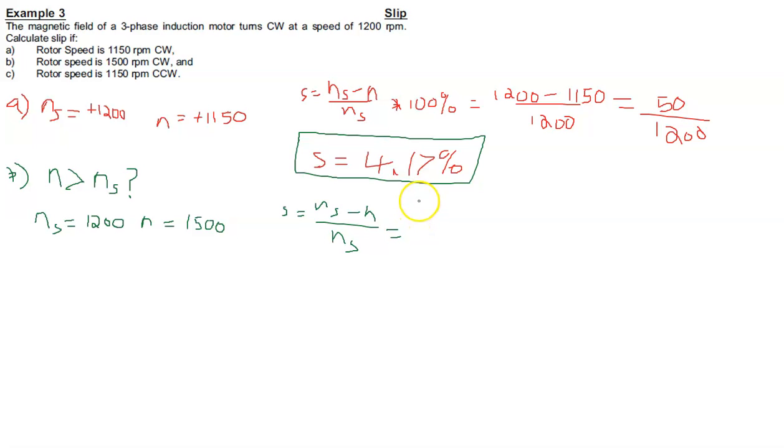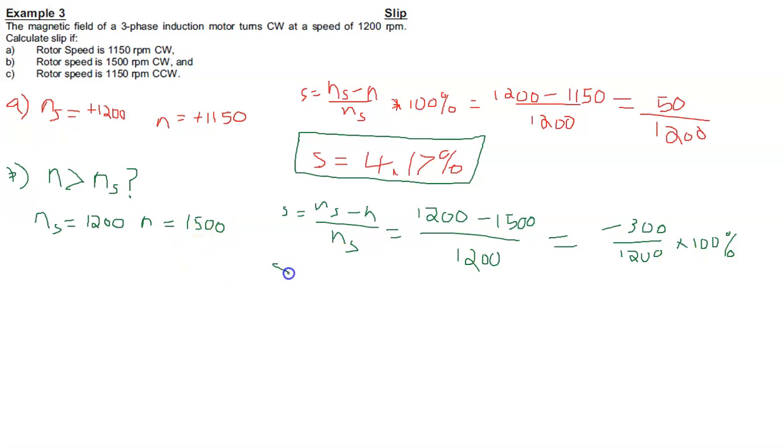This time we're going to have 1200 subtract 1500, and so you can see that numerator is going to be a negative number, divided by 1200, and so we have negative 300 RPMs divided by 1200 RPMs times 100%. And so that gives us a slip of negative 25%.